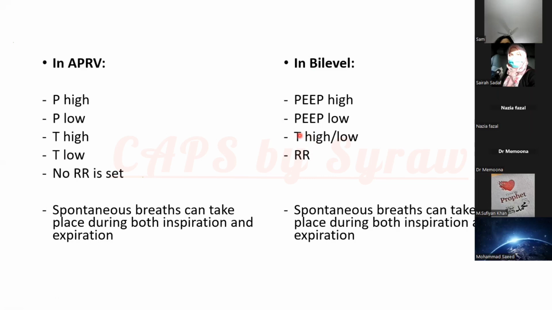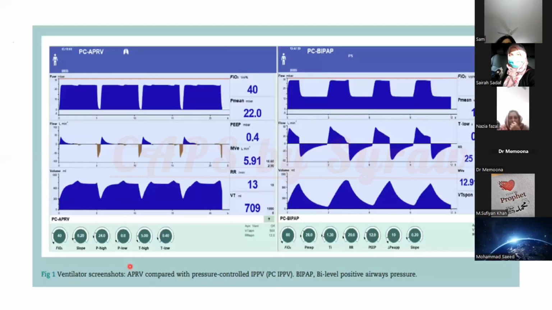And if the inspiratory time is 3 seconds, then invariably the expiratory time would be 3 seconds. So the total cycle time would be 6 seconds, and this will coincide with the respiratory rate of 10 breaths per minute. And in both modes, the patient can take spontaneous breaths both during inspiration and expiration. So on a vent screen, this is how both the modes look.